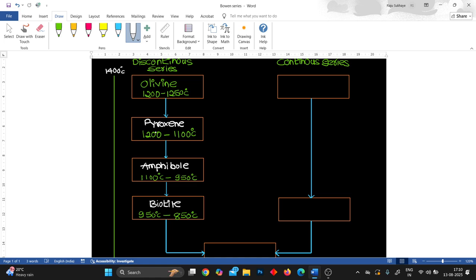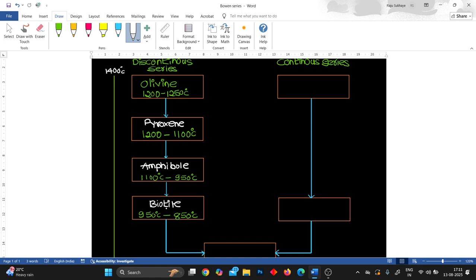Next, if the temperature goes below 1200 to 1100 degrees Celsius, the next mineral group belonging to the discontinuous series, that is pyroxene, is going to form. Next, suppose the temperature goes below 1100 to 950 degrees Celsius, the next mineral group belonging to the amphibole group is going to form.